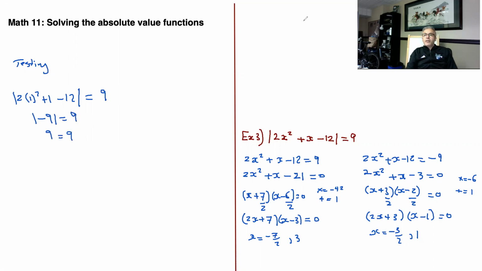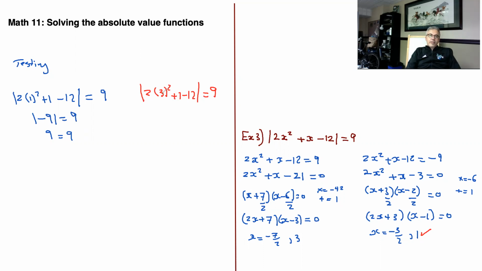So this one here, where am I? Right here, this one works. Now I'm gonna do the 3. So 2 times 3 squared plus 1 minus 12 equals 9. So that's 9 times 2 is 18. 18 plus 1 is 19.